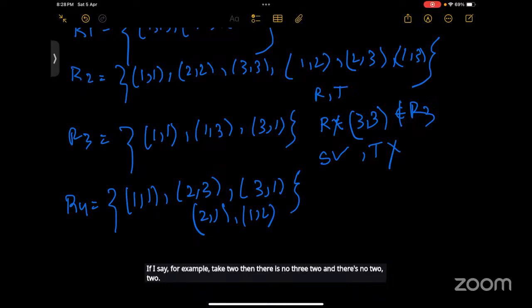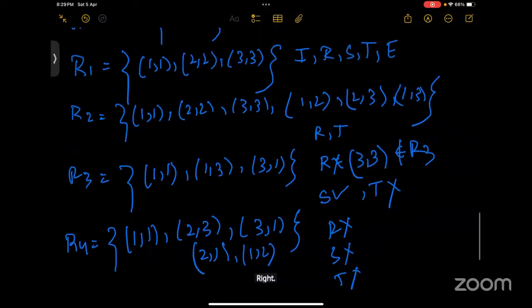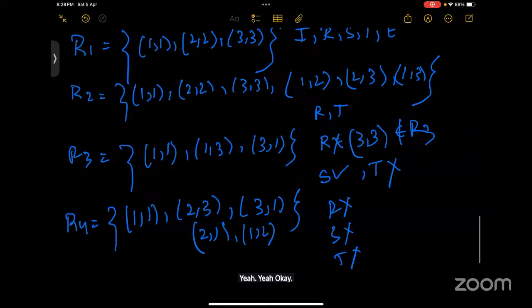So we need 2, 2, but there is no 2, so it's not reflexive, and not transitive. So it is not an equivalence relation either. Okay, so these are some examples.